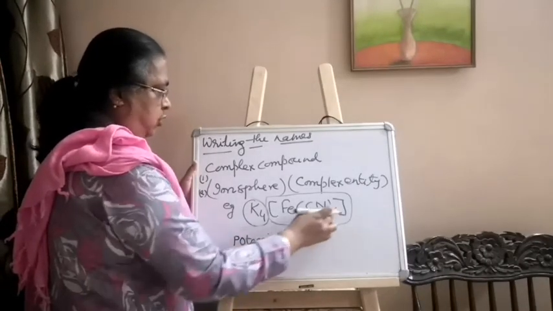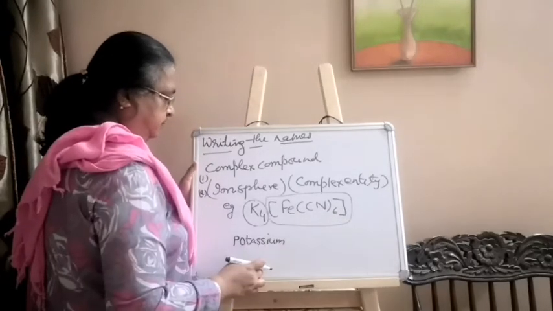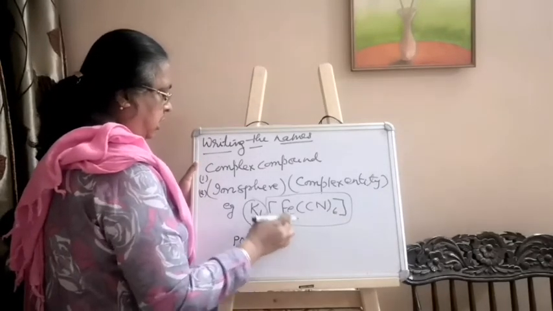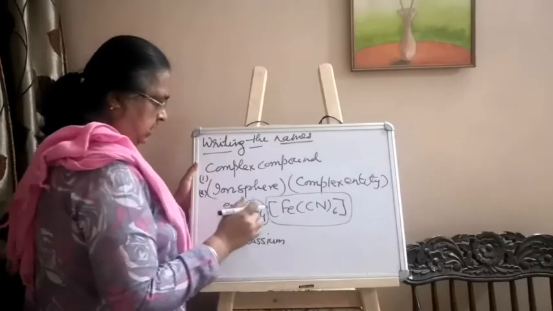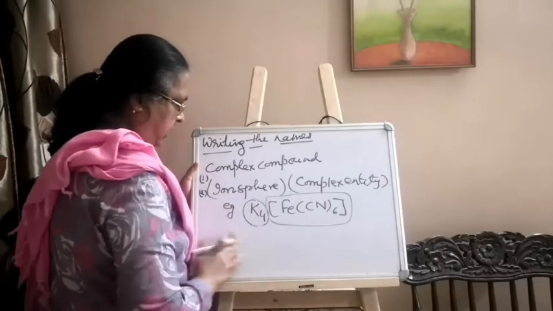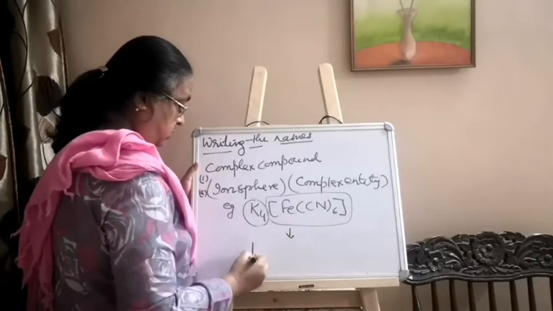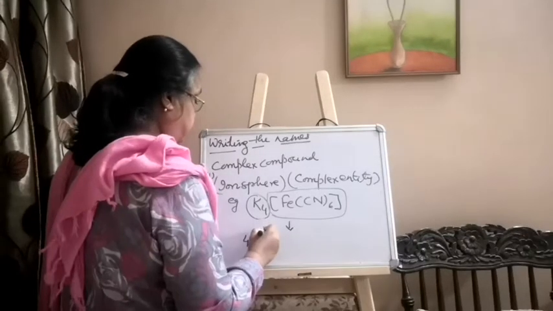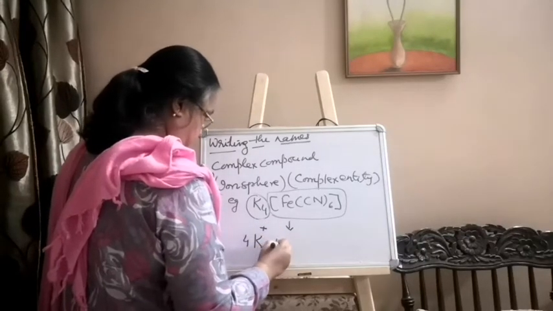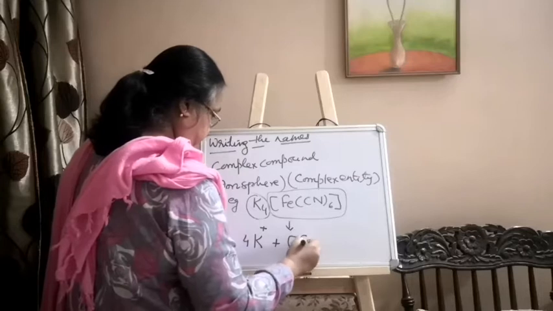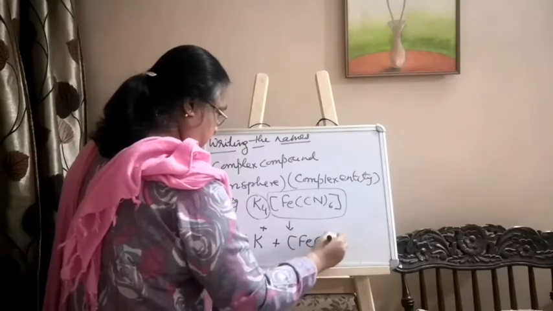Then you will start your complex entity. If I write the structure of this, it is 4 potassium ions and 1 complex ion.